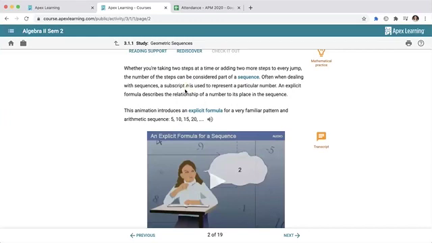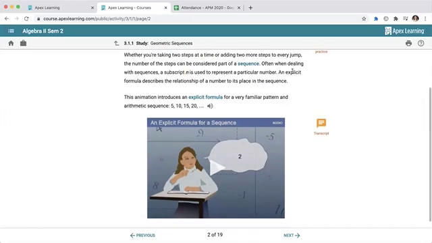They italicized it here, so it may or may not be italicized, but it's going to be this lowercase n when we're dealing with a sequence. It's going to represent a particular whole number. We've been using this before, but basically think about it like a variable, but it's always going to be a whole number, and it's going to tell us how many numbers away in the sequence we are.